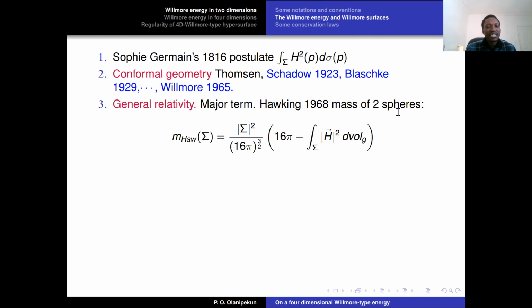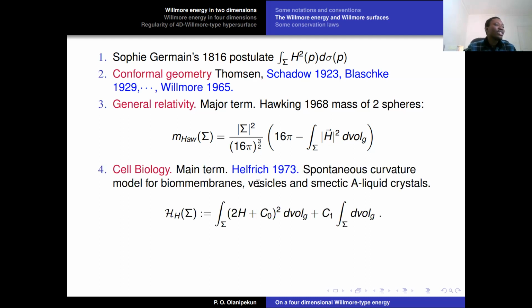And then in general relativity as well, it's the major term in what we know to be the Hawking mass. So this is the Hawking mass, and you see the Willmore energy right here appearing in this definition. So a good understanding of the Willmore energy will help us to understand the Hawking mass. So it finds application there as well.